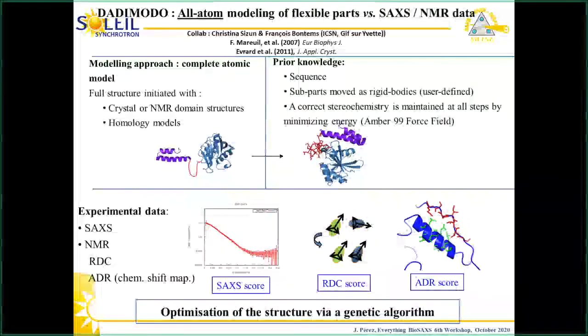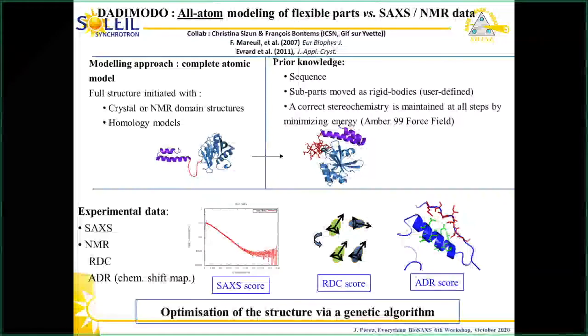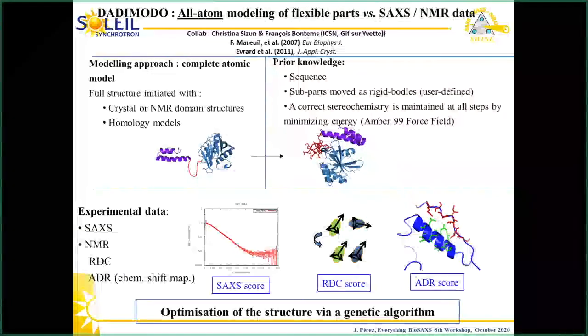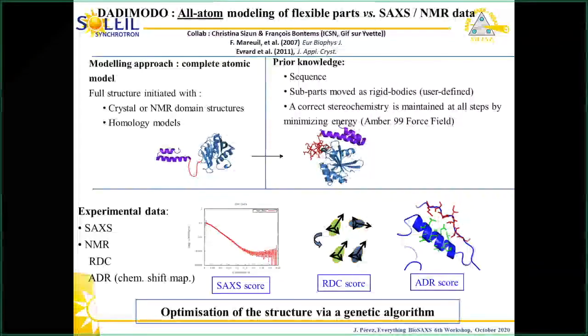So in this way, we think that we put all the knowledge about the protein, and in particular the stereochemistry constraints that particular residues will put. And some angles between the domains will be forbidden because of this particular stereochemistry.